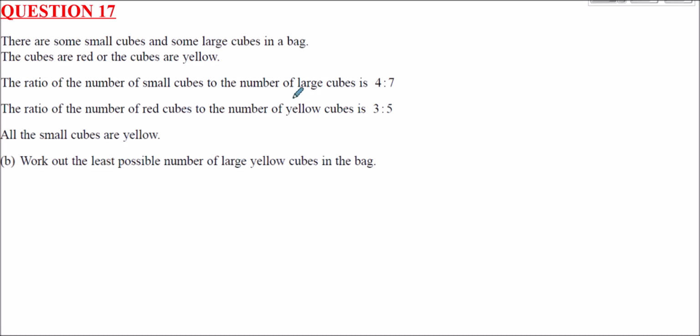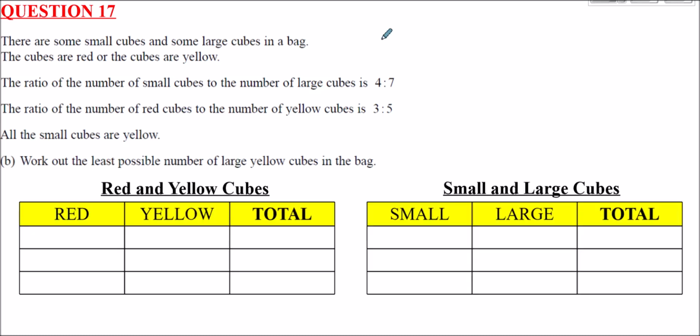So we can get a table going for both. And we've called from part A least number of cubes is 88.